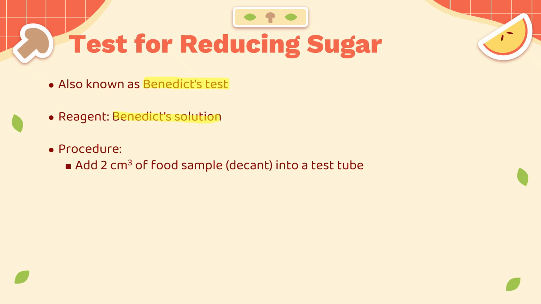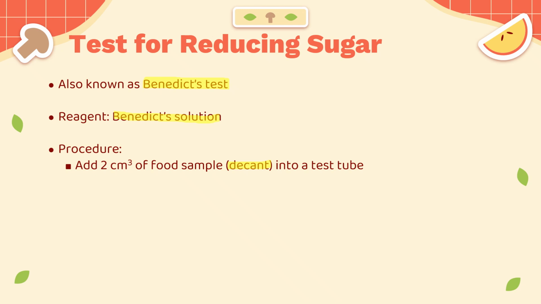The procedure is firstly, you have to extract the nutrients out from the food sample by adding water. We call this decant. So a food sample is solid, you need to extract the nutrients out by adding water in Benedict's test. After you extract the liquid out through adding water, we call this a decant.